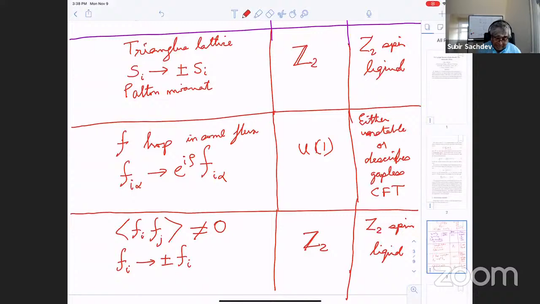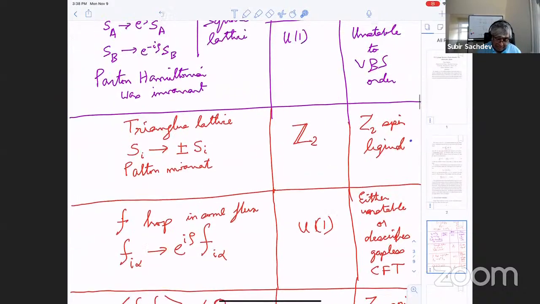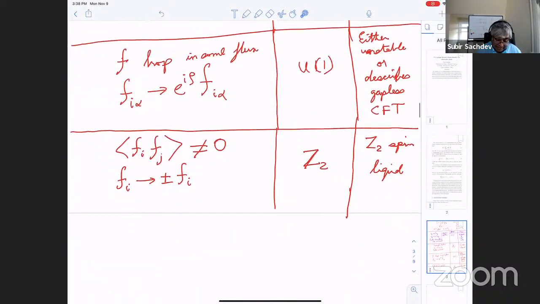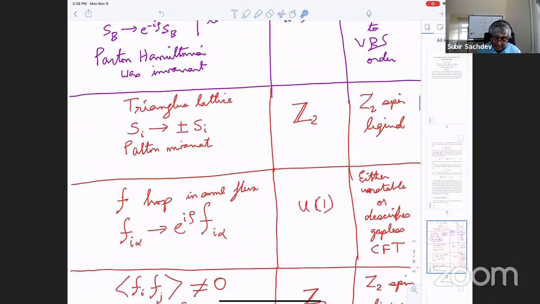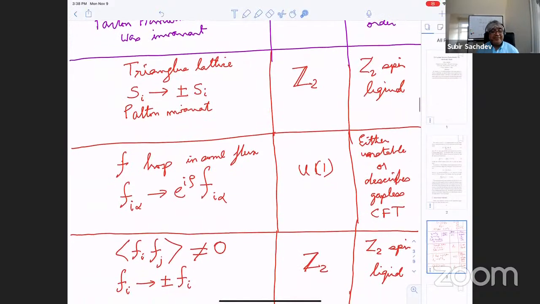So now you can ask the question: there seem to be two different ways of ending up with the Z2 spin liquid, one with bosonic partons and the other with fermionic partons. Which one is the right one? Well, in many cases people have shown it doesn't matter, because the Z2 spin liquid has two types of excitations which carry a Z2 gauge charge: the e particle and the epsilon particle.